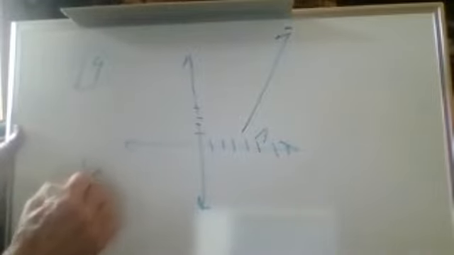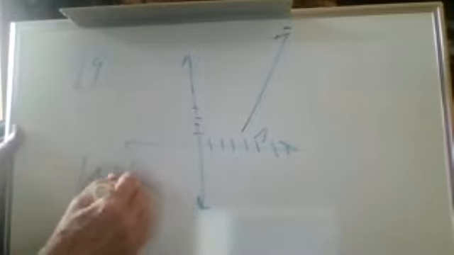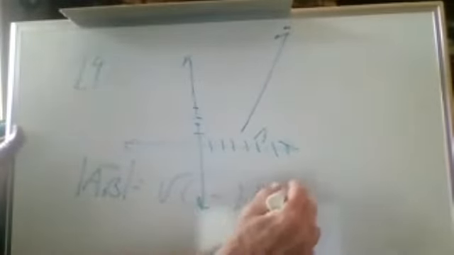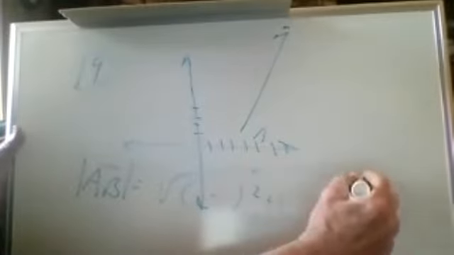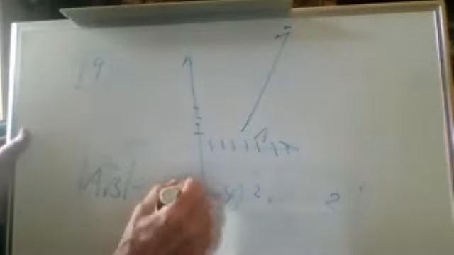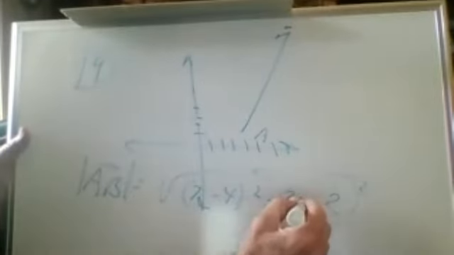The magnitude of vector AB in this case is going to be the distance formula: the difference in x value squared plus the difference in y value squared. Point A was (4, 2), so we'll put 4 here and 2 here. Point B was (7, 22), so we'll put 7 here and 22 there.